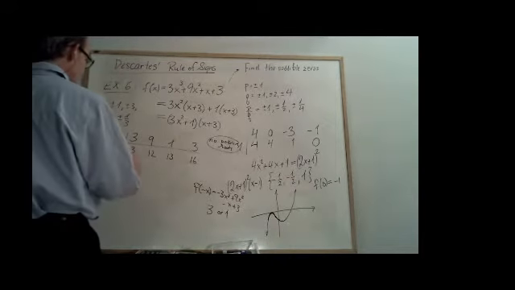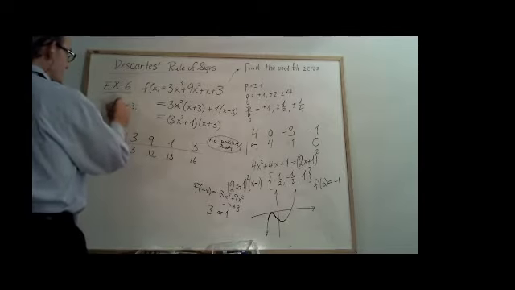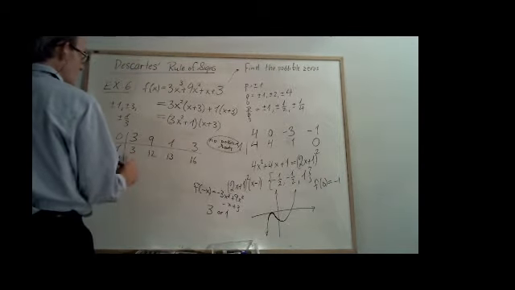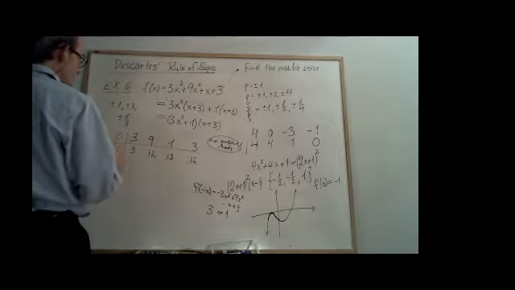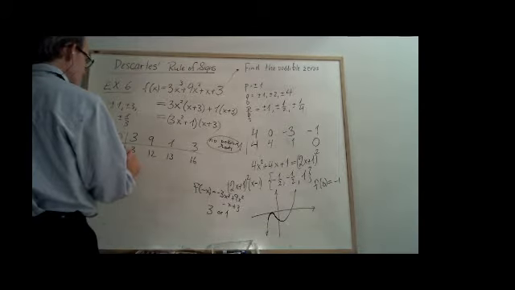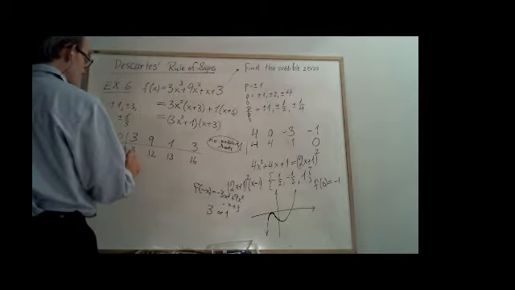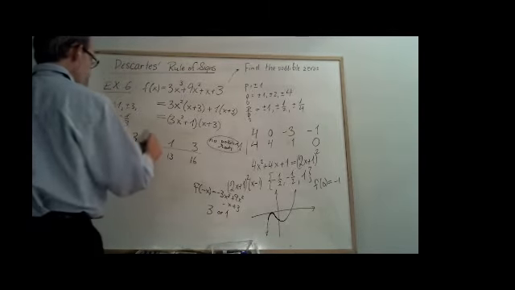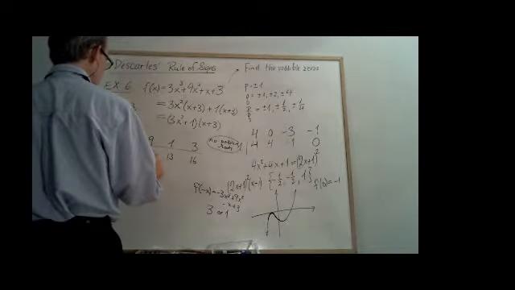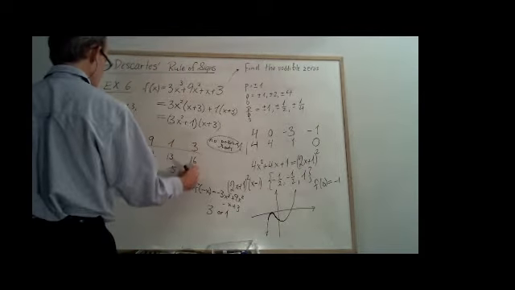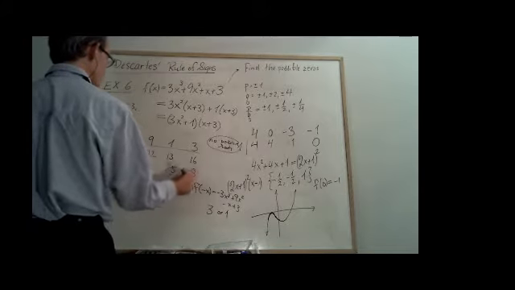Okay, so if we try -1, that's our only other option for a negative root besides -3 and -1/3. Let's try those. -1 gives us 3 minus 3 plus 9 is 6, minus 5, plus 8.